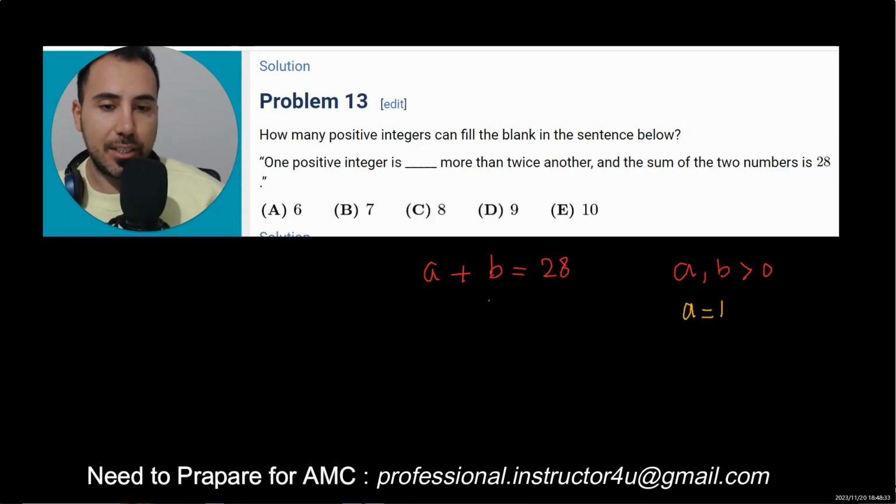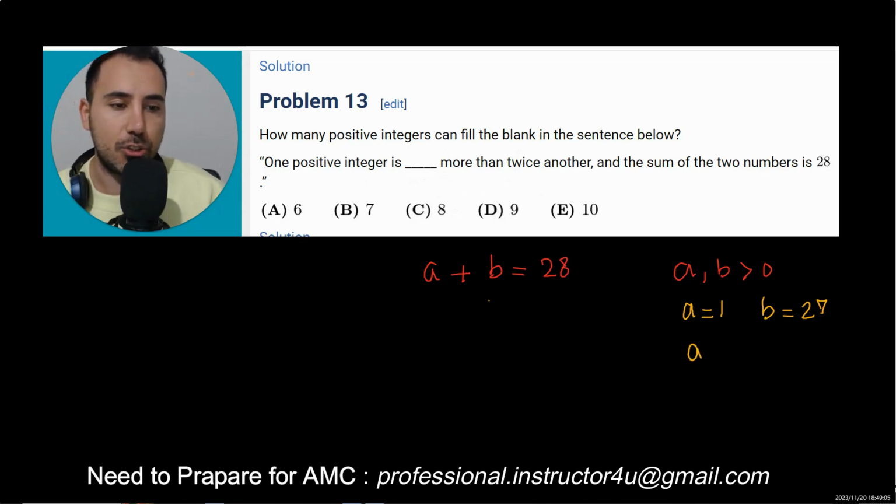Now if A is 1, the other number will be 27. So then what would you put here? If A is 1, twice 1 is 2. So B would be 25 more than twice A. That's the first number, so it's just one number. Now the next one.